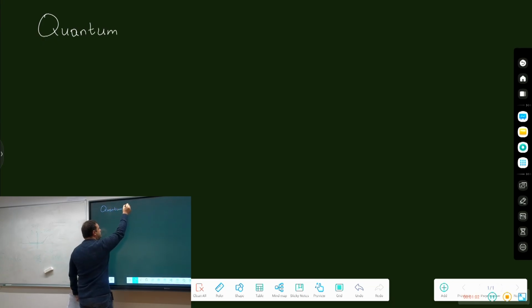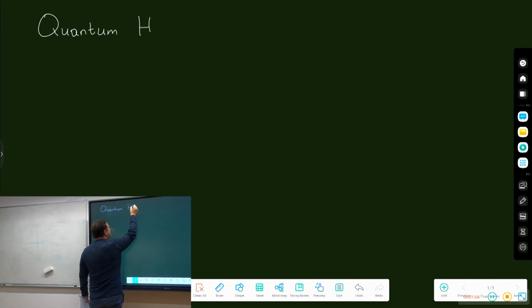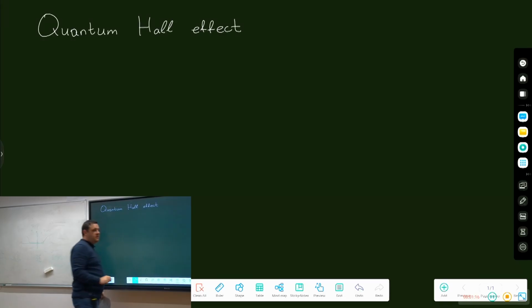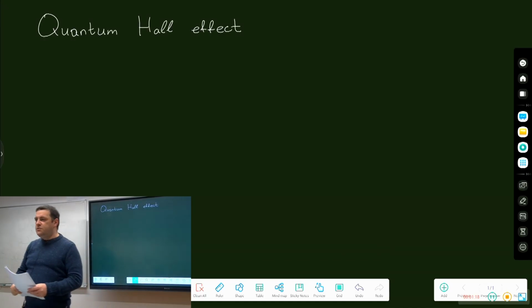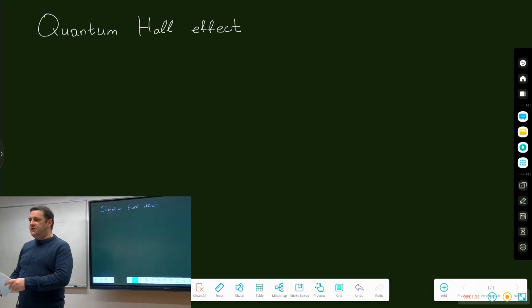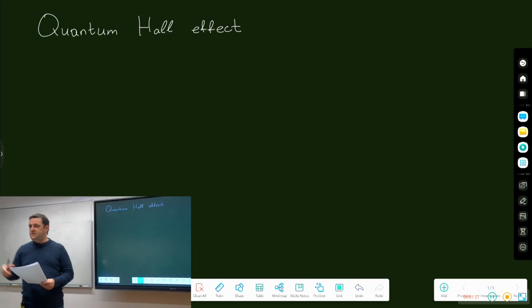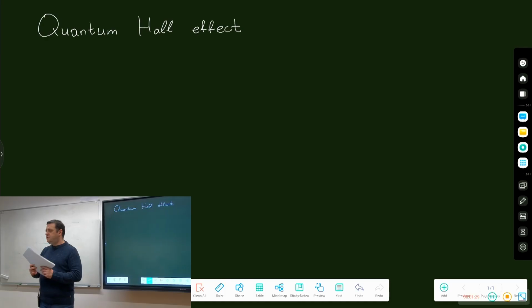And as I said last time, a crucial thing for the quantum Hall effect is disorder and localization. Without any disorder, we do not expect Hall conductivity to be quantized, because there is a Galilean invariance that tells us that each electron contributes the same amount to the Hall conductivity.